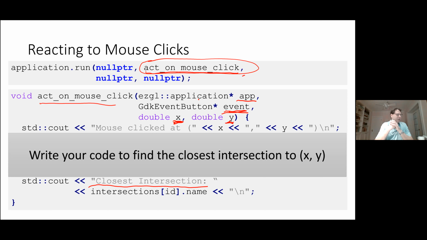What input did that function take? Did it take an X and a Y? Did it take something else? Yeah, it took a lat long. So that M1 function almost solves this problem for us, but not perfectly. What can we do to use that M1 function?